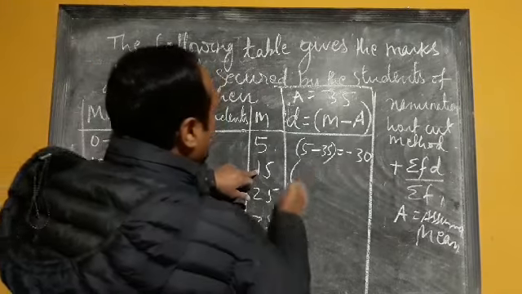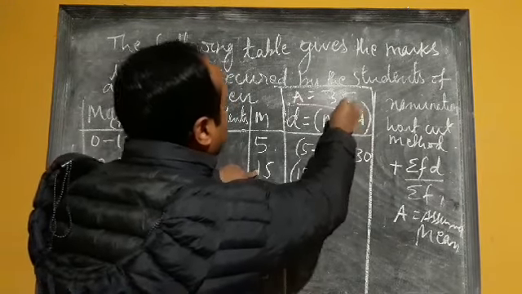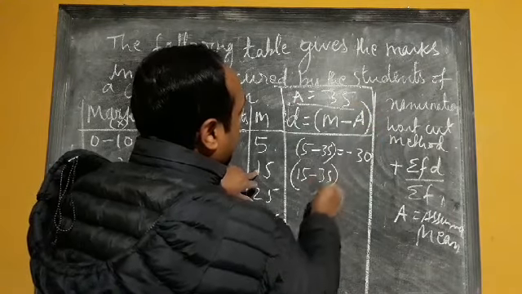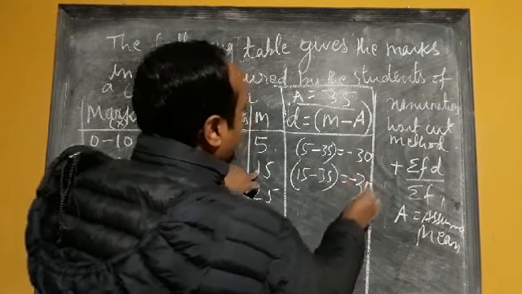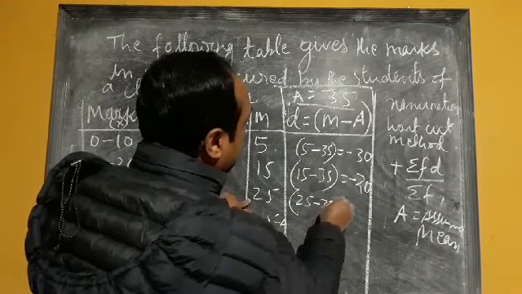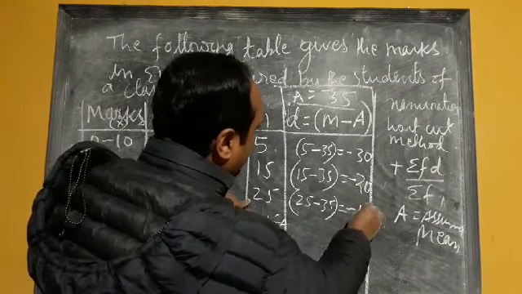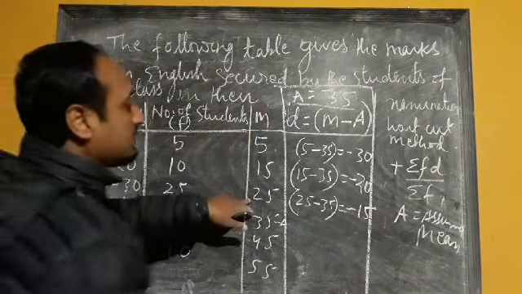Next, m is 15 minus 35, we get minus 20. Next 25 minus 35, we get minus 10.